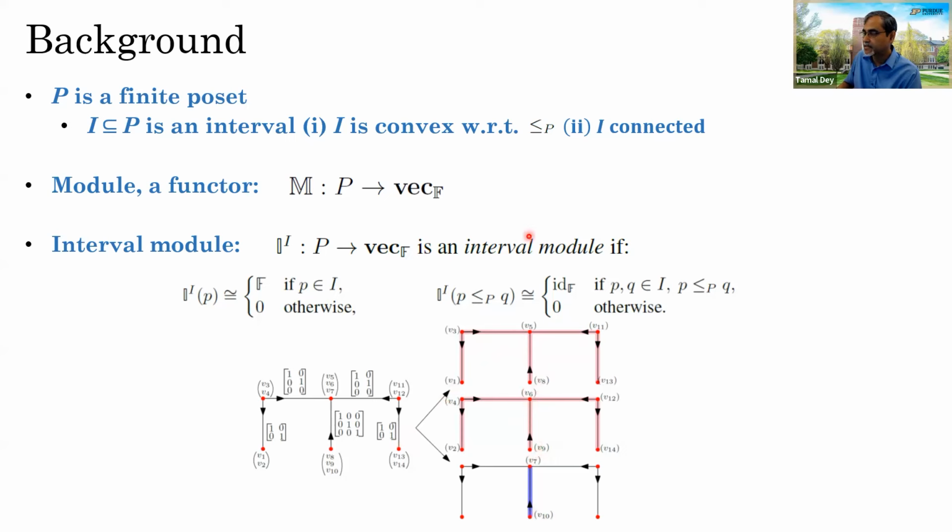It happens to be, in this case, that these 3 indecomposables are interval modules, because every point has a one-dimensional vector space, and all the maps are basically identity. And in this case, the 2 red ones are full interval modules. It's a term I'm using. I call an interval module full if its support is the entire poset P.